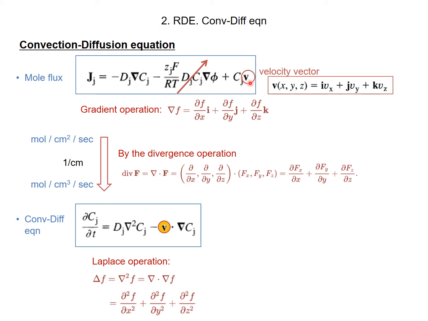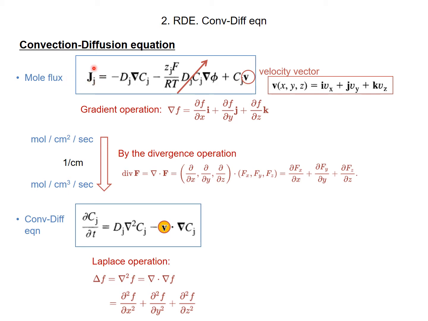In this case, we'll kill the second term, which is the migration term, and we will keep the velocity term, or convection term. So we have two terms on the right hand side of this equation. So mole flux is described by diffusion plus convection.